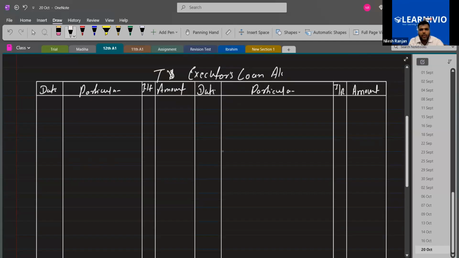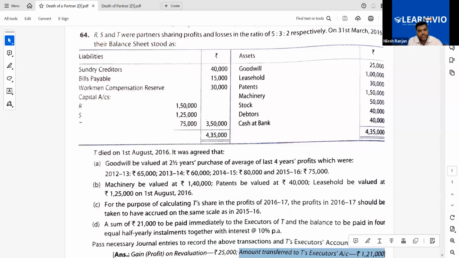So first of all, the amount which is transferred from capital account here. By T capital account, 1,21,000 balance which I got from the answer. This is written here. You can see 21,000. But sir, it will not be given in the exam format.